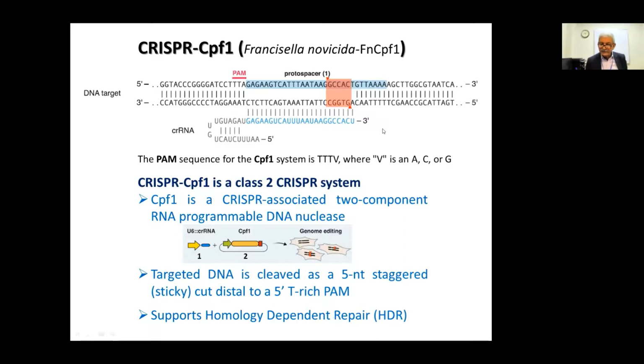The other characteristic feature of CPF1 is that it makes a cut far from the PAM site and generates a 5 nucleotide overhang. So it makes a cut on one double-stranded DNA molecule at this position, and then 5 nucleotides away on the second strand. Okay.